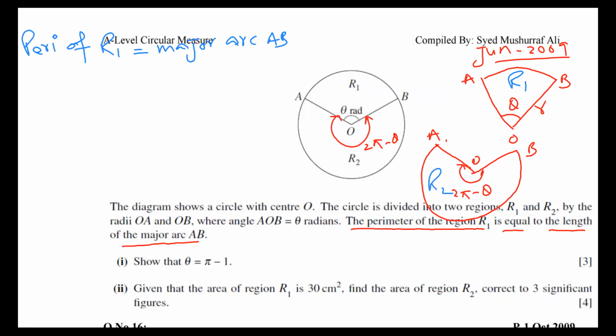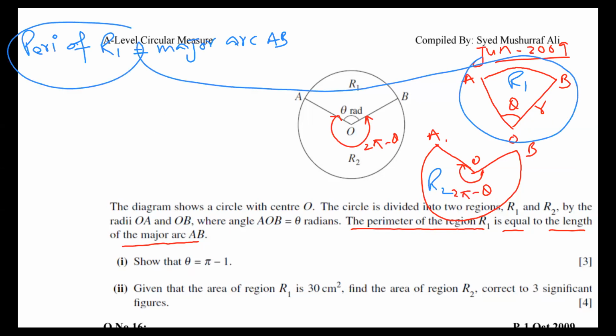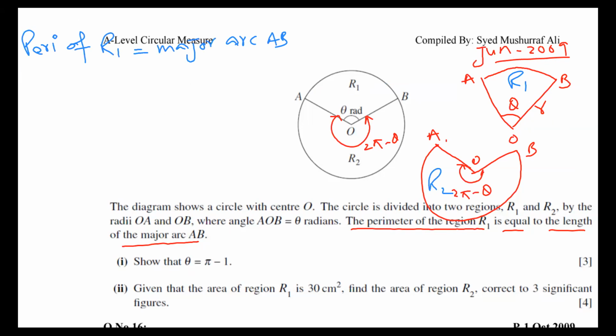Now for the perimeter of R1, on the left side, we have three things: radius OB plus OA plus the arc length AB. This is the plan of action.